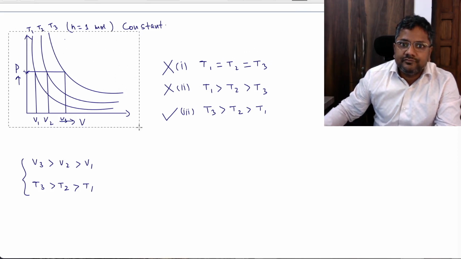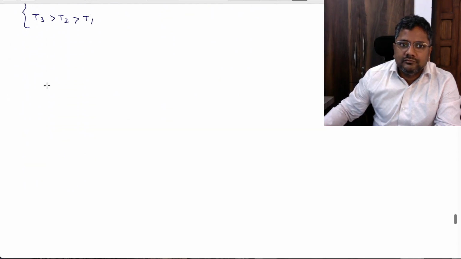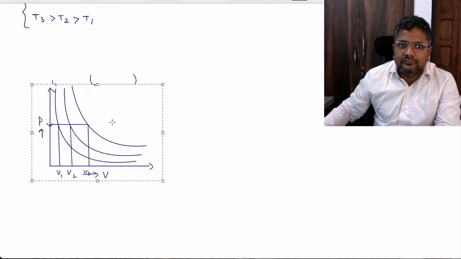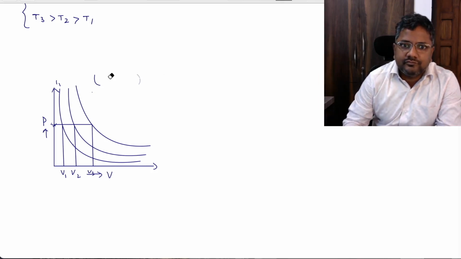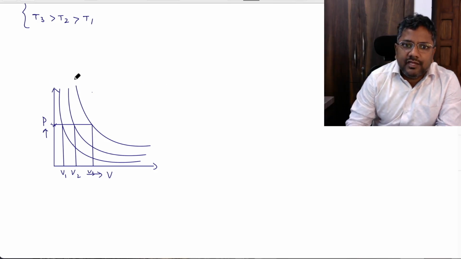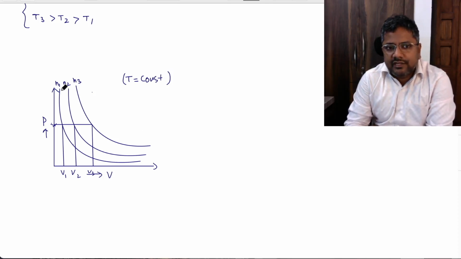So see, this time we have taken here N1, here N2, here N3, and T is constant. So what should be the relation between N1, N2 and N3?